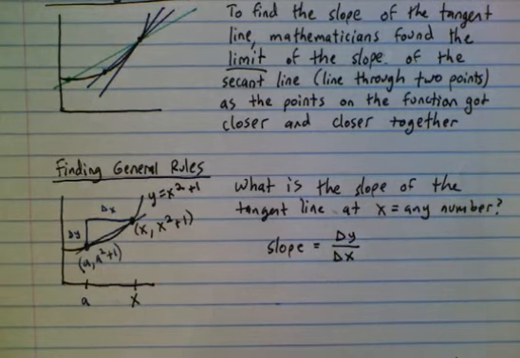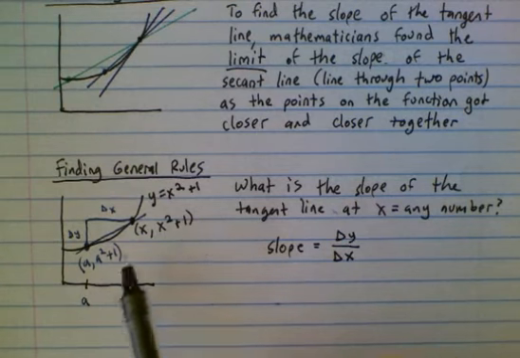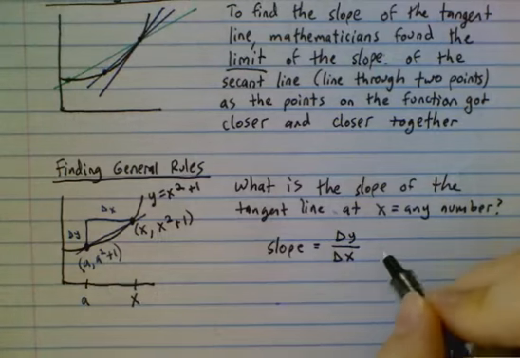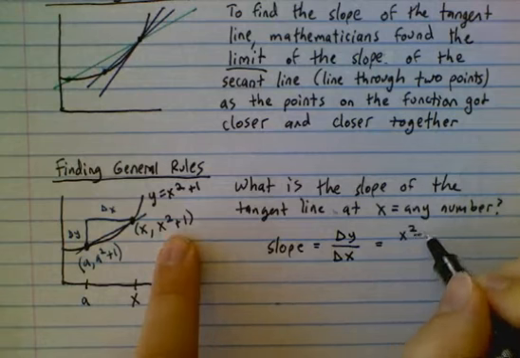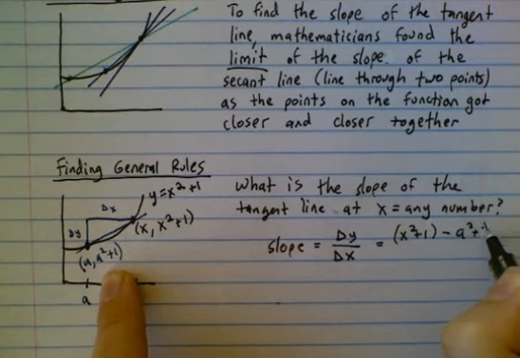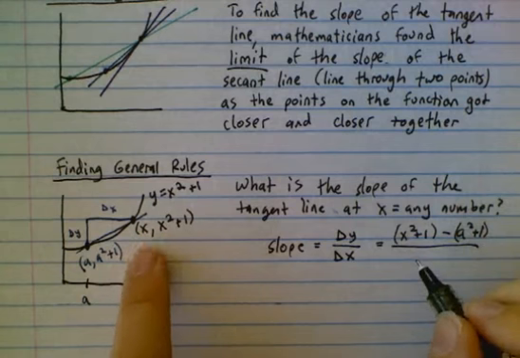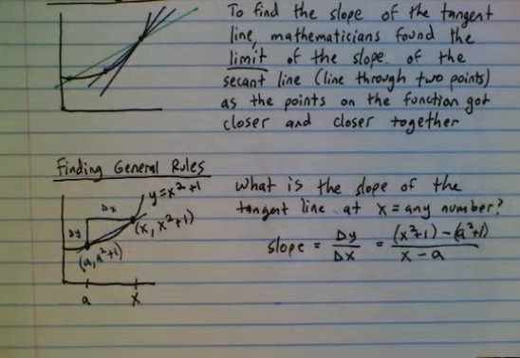And in this case, we find the change in y by simply subtracting this number, subtract that number. So that's x squared plus 1 minus a squared plus 1. And then the change in x is this x value minus that x value.